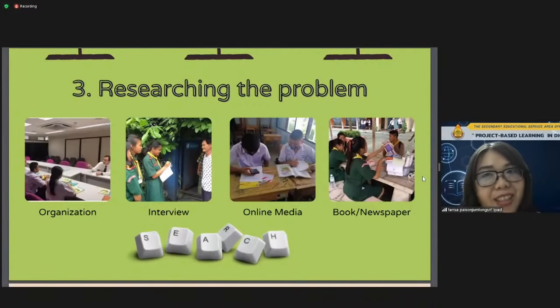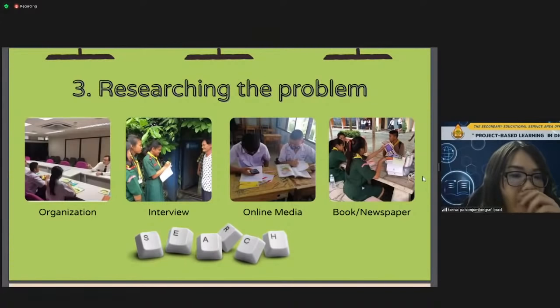They have to survey, interview people in their community, or interview students in their school. This research will help them define the problem and demonstrate that there is something they need to do, what they have to do next, what they have to find out more, or something like that.